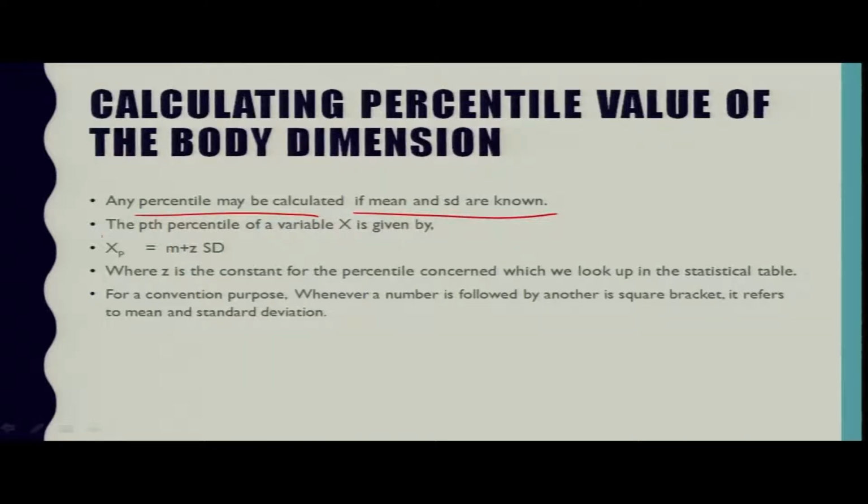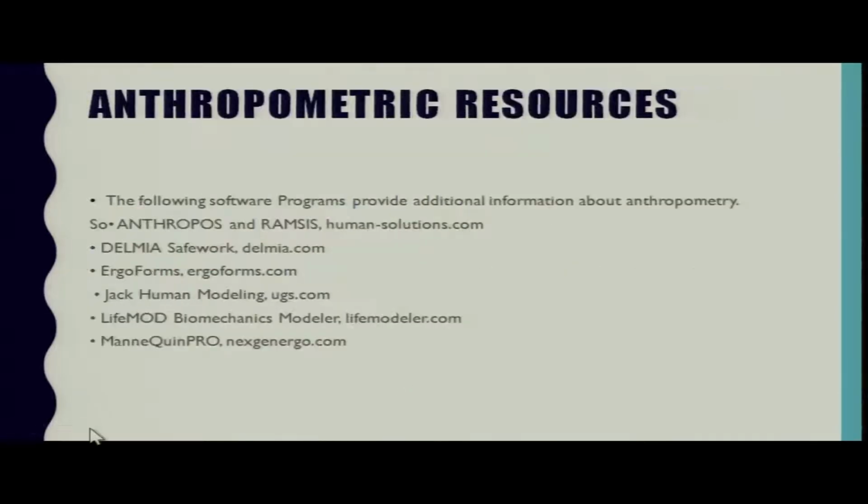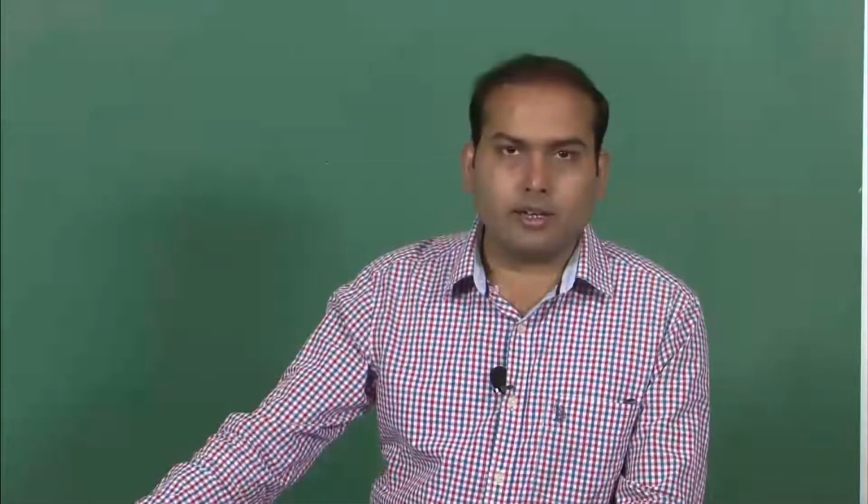The pth percentile value can be determined by m plus z times sd, where m is the mean, sd is the standard deviation, and z is the z score, which is found with the help of a normal distribution curve.